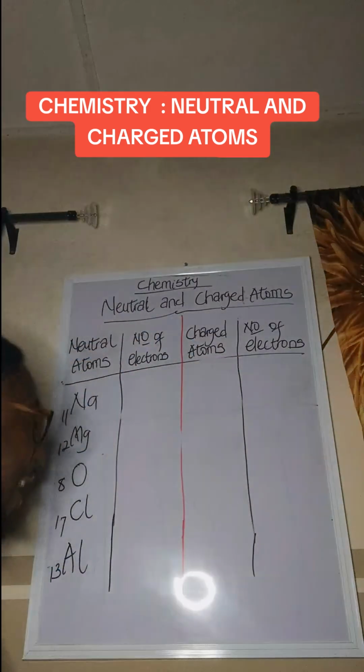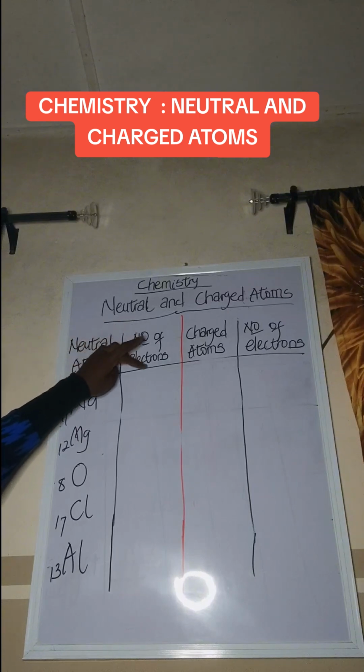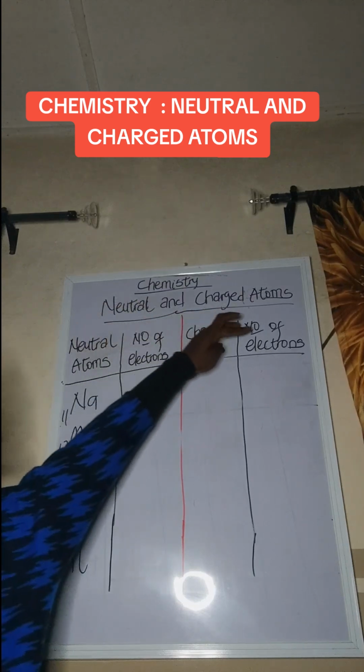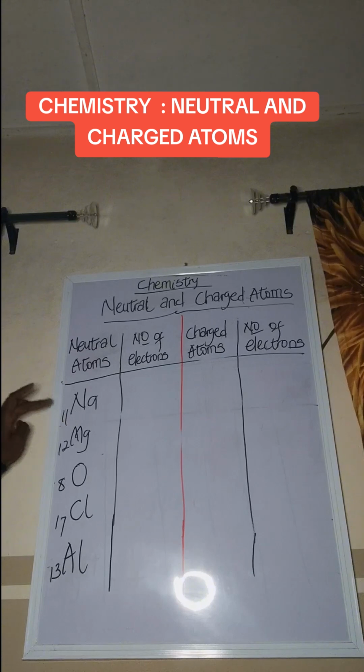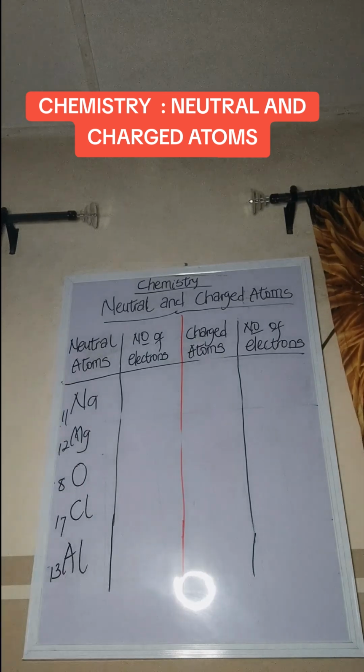On the board we have neutral atoms, number of electrons, then the charged atoms for the same element, then the number of electrons. We have sodium having what? Atomic number, or proton number, 11. Recall we say that atomic number equals the number of electrons for a neutral atom.